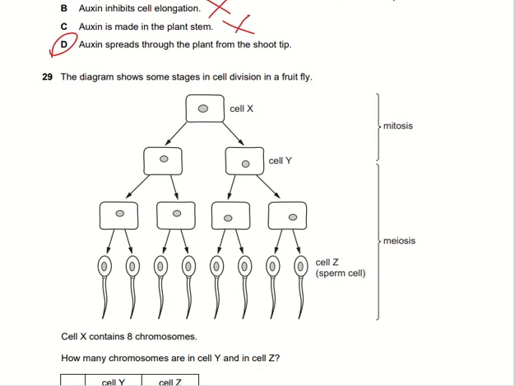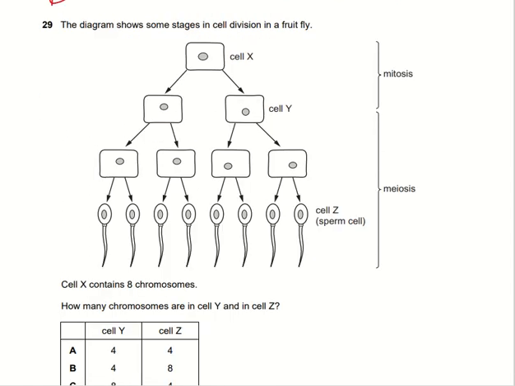The diagram shows some stages in cell division in a fruit fly. Here some stages are those of mitosis and then meiosis, right? Cell X contains 8 chromosomes, distributed 4 and 4 here.